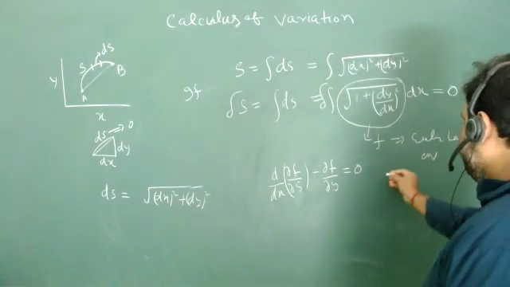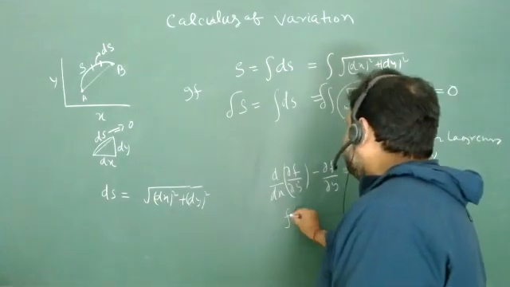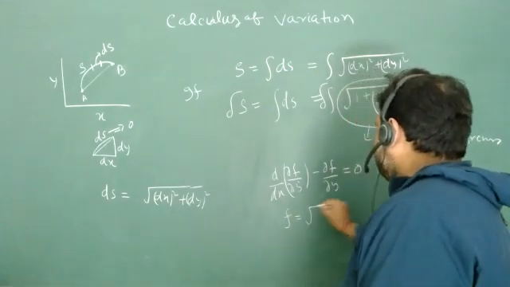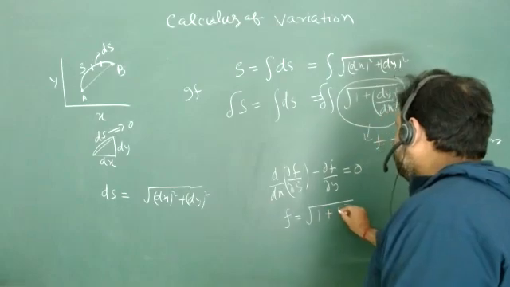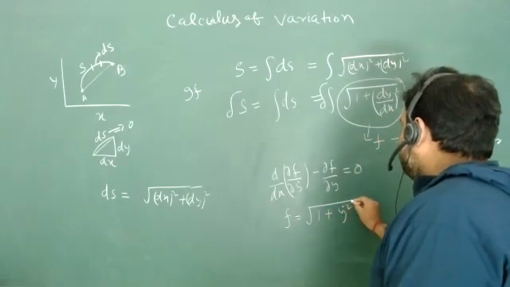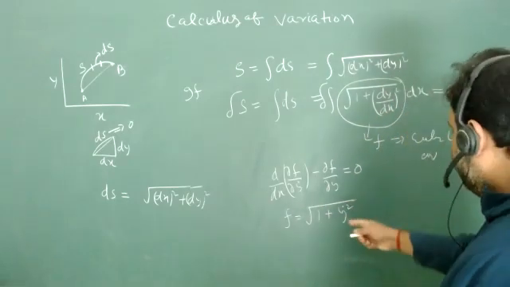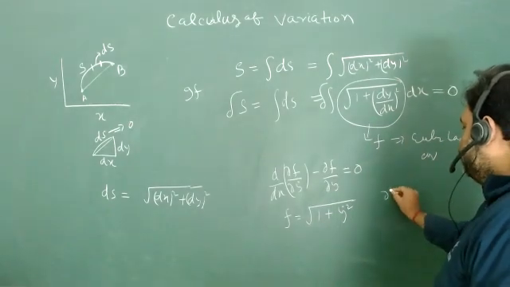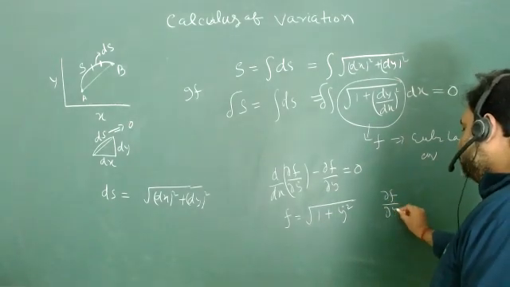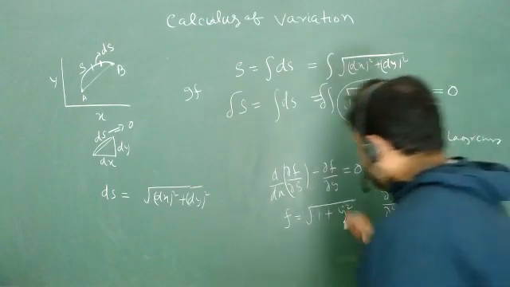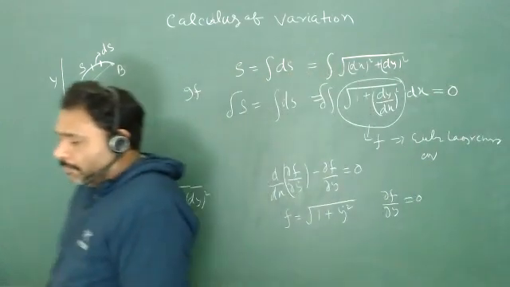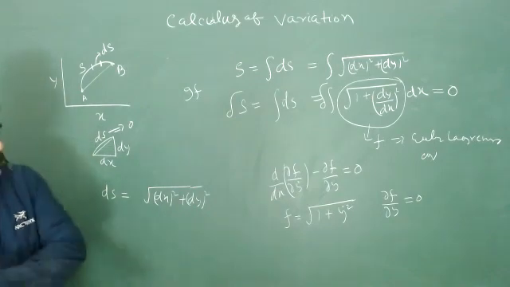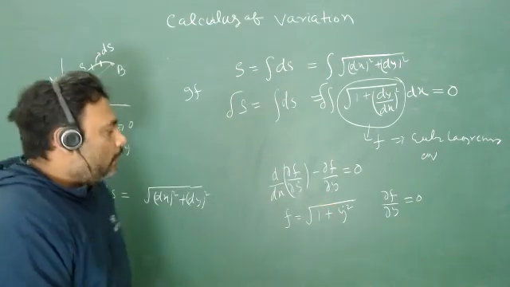And what is my f? I can identify my f. This value is nothing but root under 1 plus y dot square. This is my f. Now what will be the value of del f upon del y? Del f upon del y is 0, because this is not a function of y, but a function of y dot. So del f upon del y is 0.